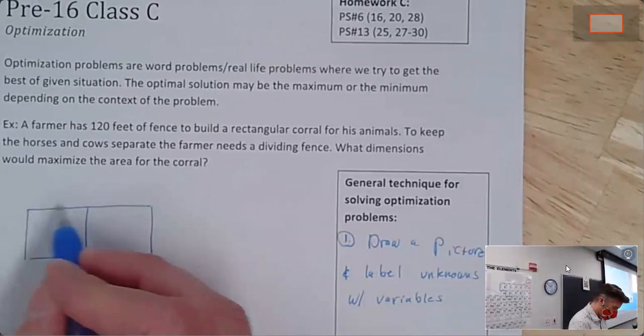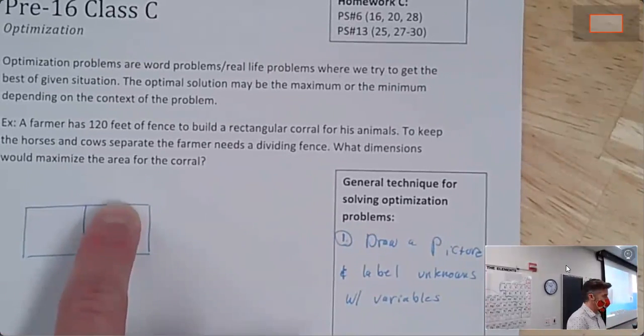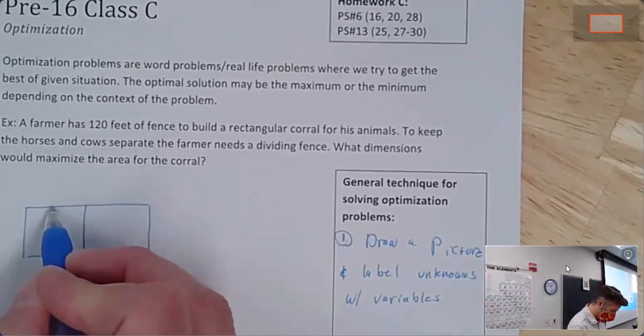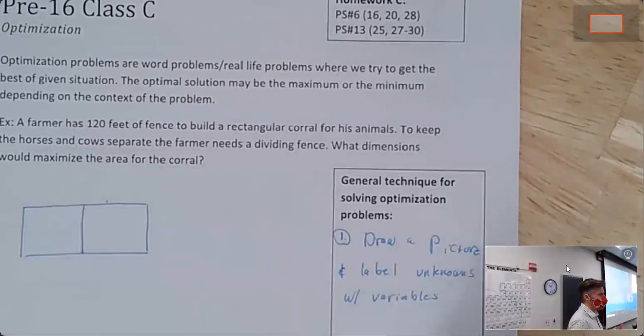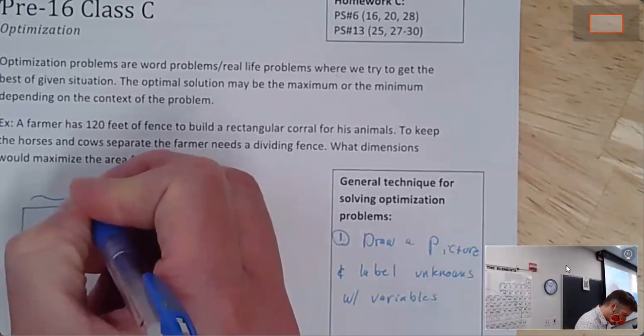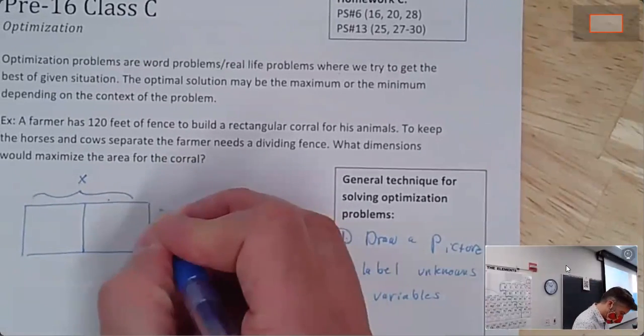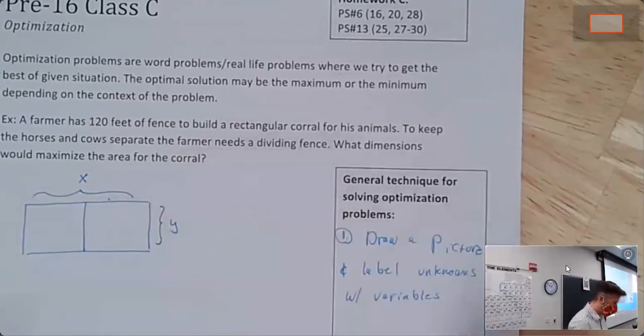There are different ways of doing this. Some people might call this length and this length the same thing, like X and this X. I usually make the choice when I do this problem to call this whole side a length of X, and this other side a length of Y.